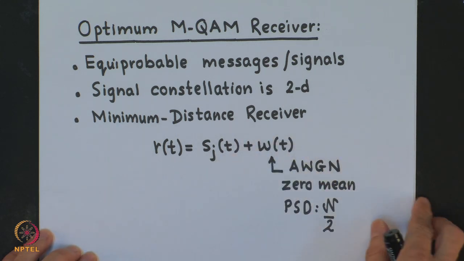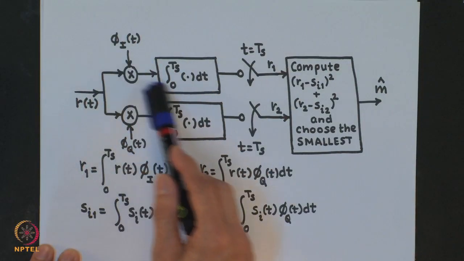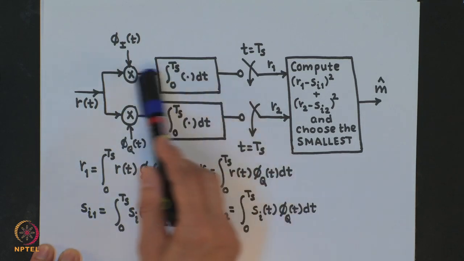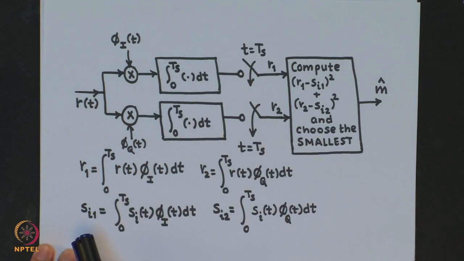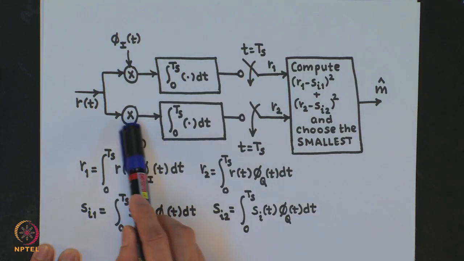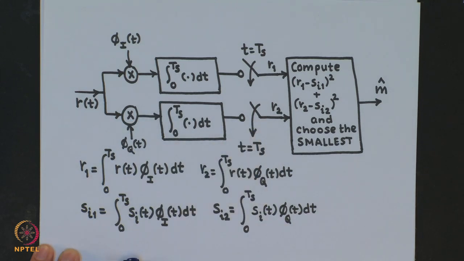Now, the minimum distance receiver can be implemented as shown in this figure. This is the correlation receiver in the in-phase channel, and this is a correlation receiver in the quadrature phase channel. Right?